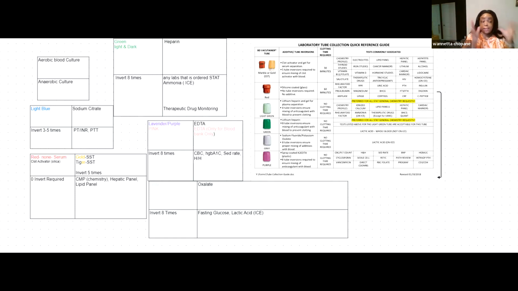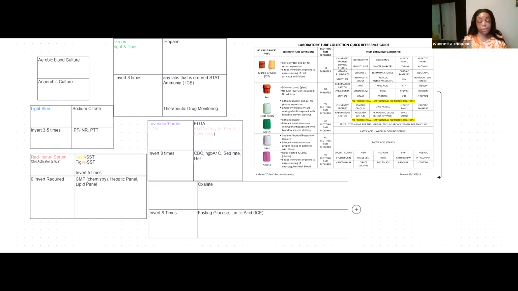That's the main test for that blue tube. Okay, so purple or lavender. The additive in our purple top tubes is EDTA. That's what you remember it by. I did tell you that EDTA actually stands for this big long E word, but no one ever uses it.